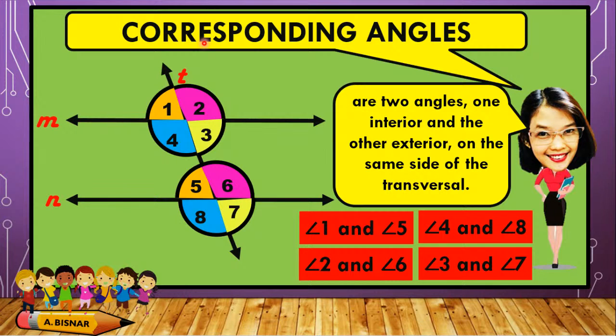We have 4 pairs. Okay ha, do not forget, kapag alternate interior, 2 pairs. Alternate exterior, 2 pairs also. And kapag corresponding angles, we have 4 pairs. Okay, very good.